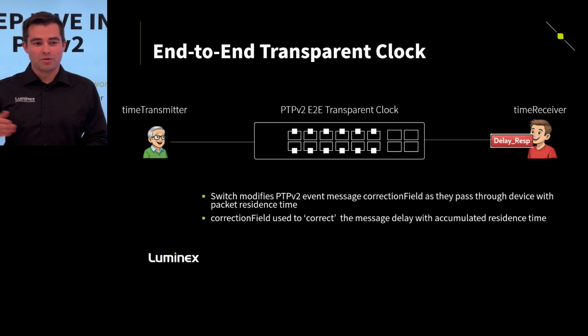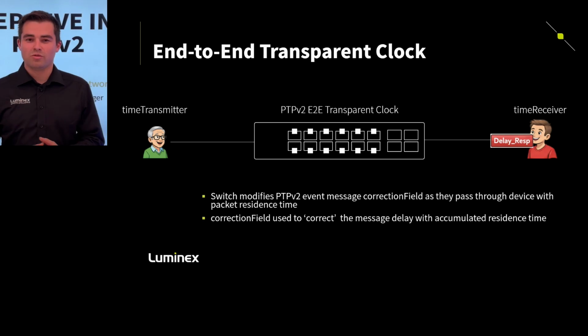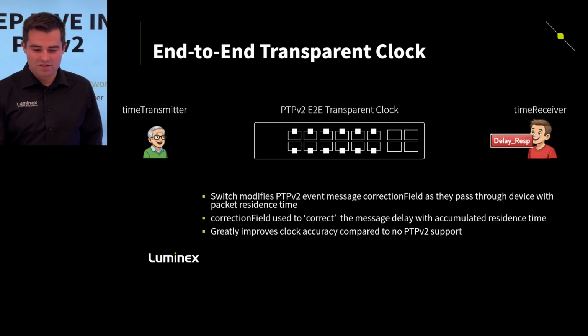So if you put multiple switches behind each other, then they will all add up the correction. They will not override the correction, but always add up. So in the end, you get an accumulated residence time inside the switches. This greatly improves the clock accuracy compared to having no PTPv2 support in the switches at all. So that's why it's very important to have PTPv2 support in your switches.